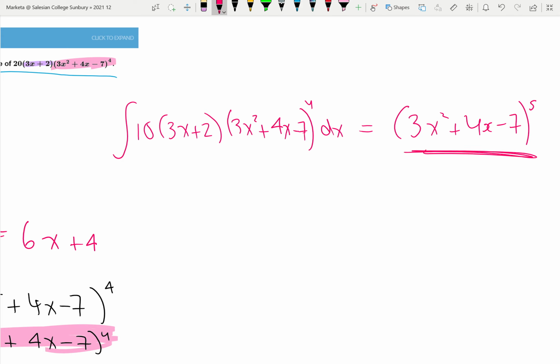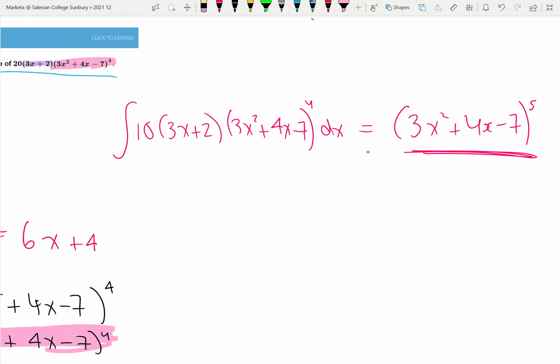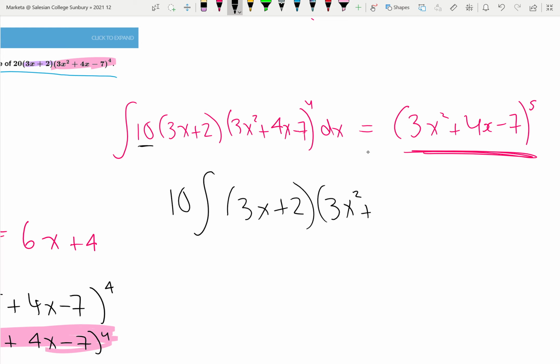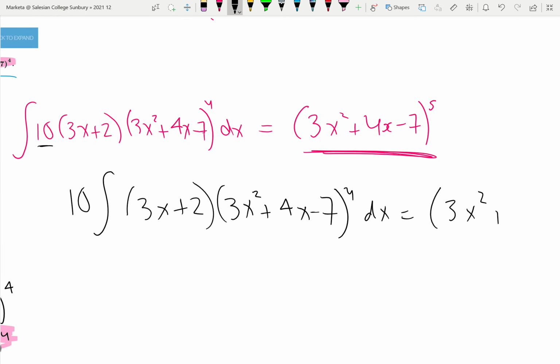When I derived that, I got that. Now, if I antiderive the answer to the derivative, then I go back to what I had. So for a start, I can take this 10 out.